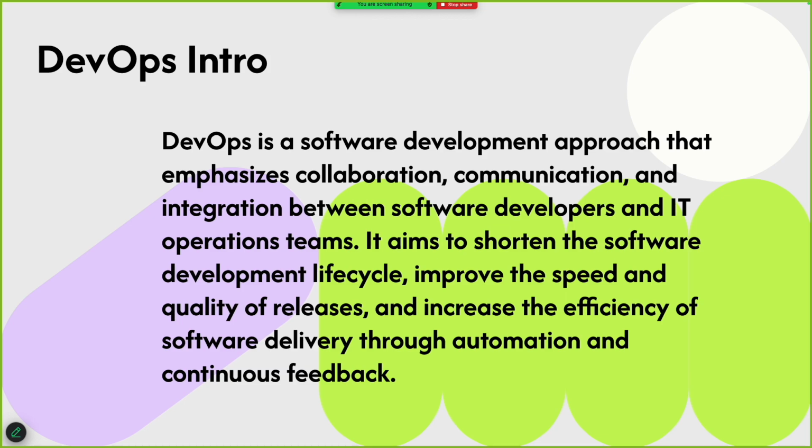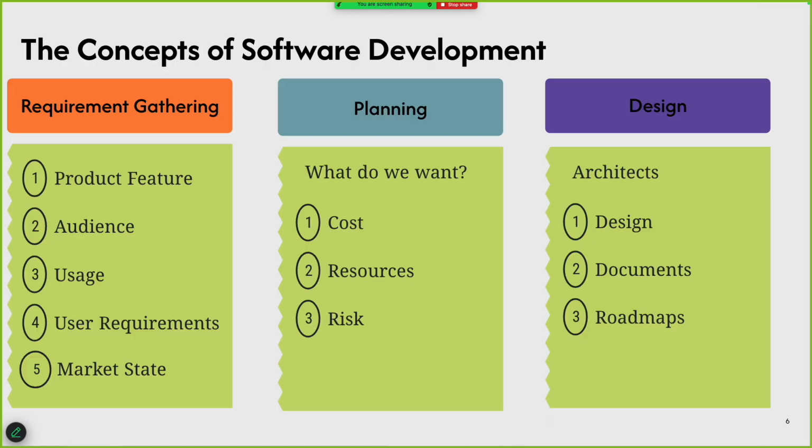So DevOps generally reduces the time and improves the collaboration between multiple teams, in order to reduce the time of development, plus increasing the quality of the software. So this is just an introduction and a definition of DevOps.